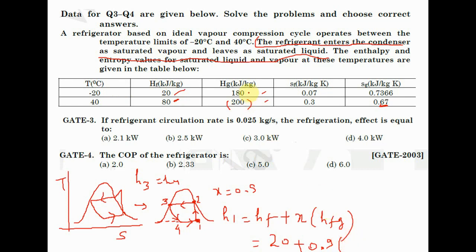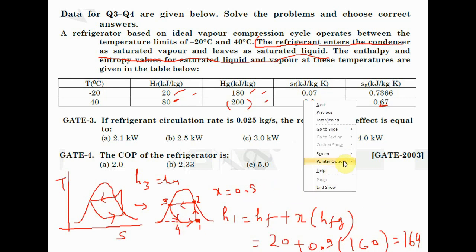HFG is nothing but HG minus HF, that is 180 minus 20, that is 160. If you solve this, you get 160 times 0.9 plus 20, that is 164 kilojoule per kg, the value of H1.